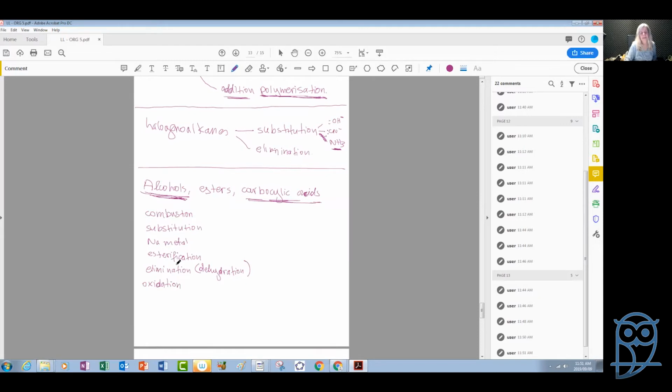Oxidation means they react with oxygen, because in organic chemistry, oxidation is represented by a gain of oxygen, and reduction corresponds with a gain of hydrogen, but reduction actually concerns the carboxylic acids mostly.